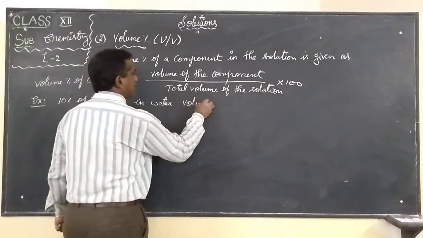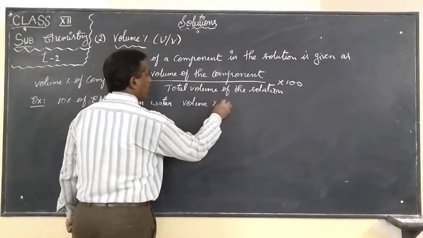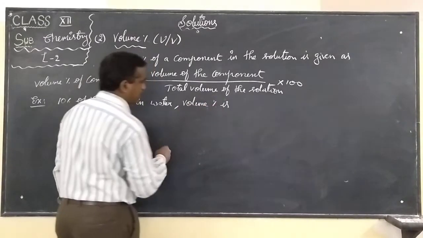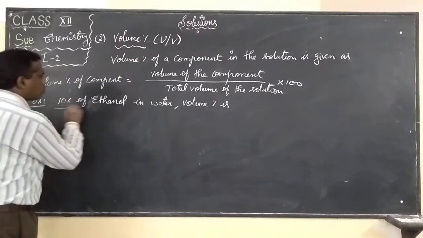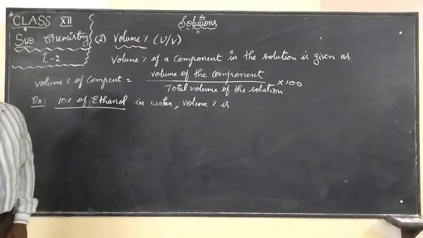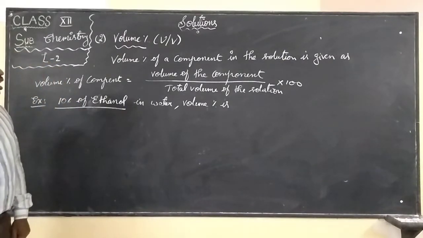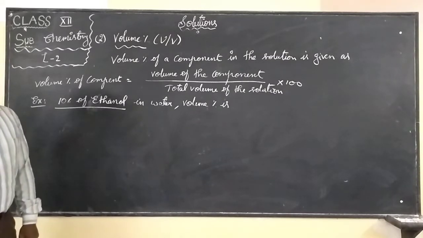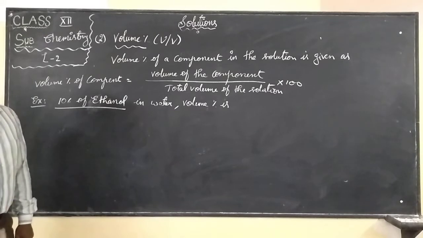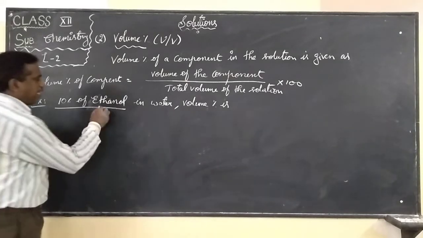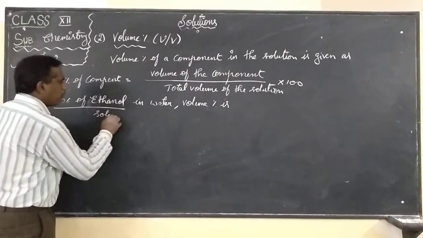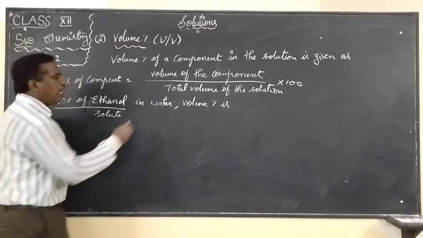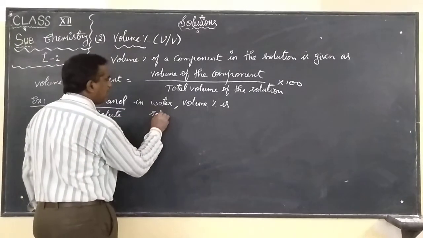Here they are asking us the volume percentage of ethanol. Ethanol is present in which state? Liquid state. Water is present in which state? Liquid state. Ethanol we can call the solute, and water the solvent.